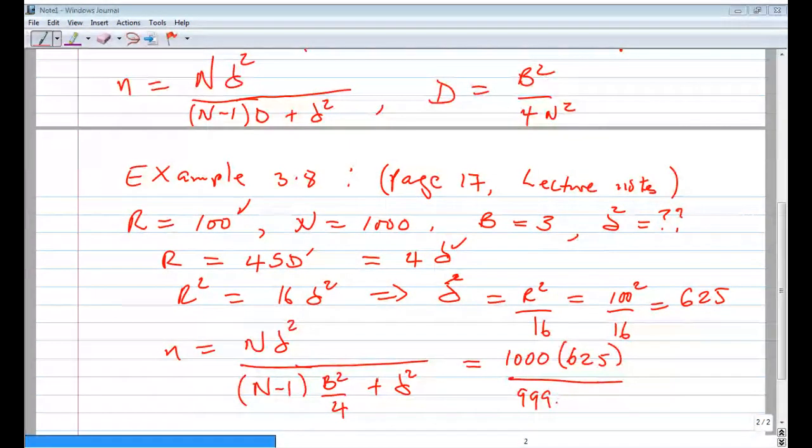B squared, you're going to have 9 over 4. Then you add the variance there, which is 625. Can somebody calculate it for us?